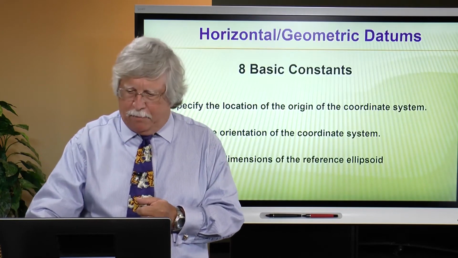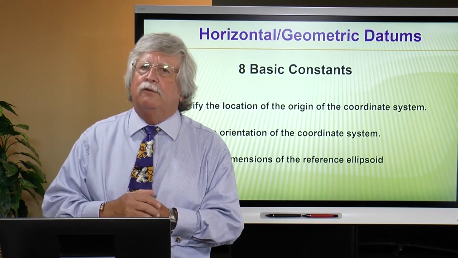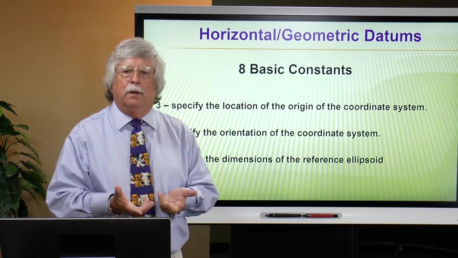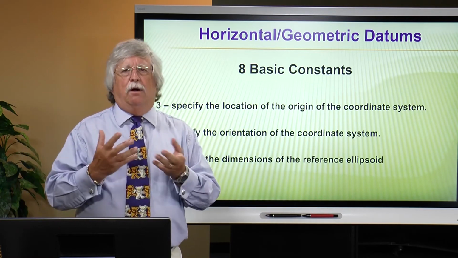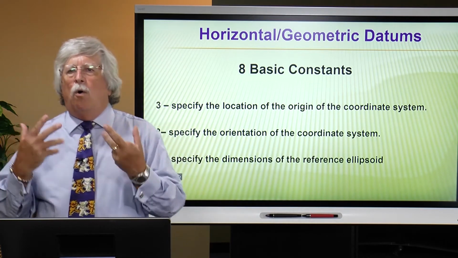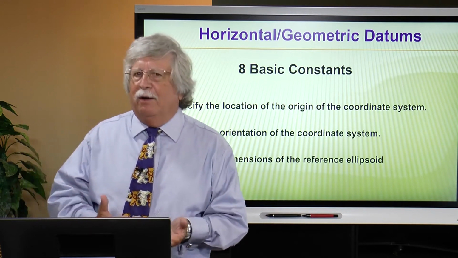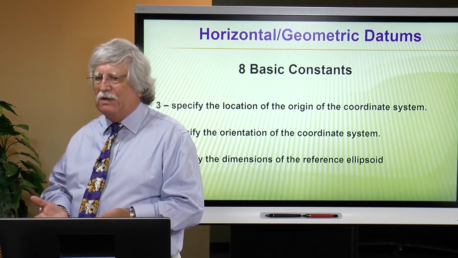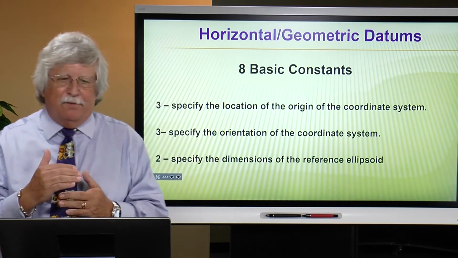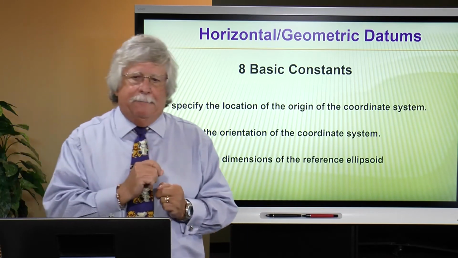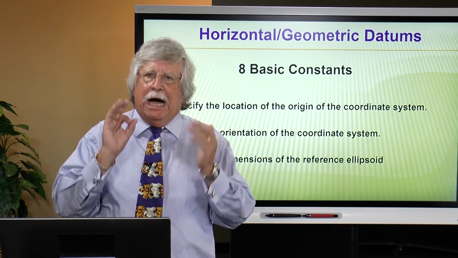So let's talk about a horizontal datum. What is a datum? Well, there are whole academic degrees that are built around horizontal and vertical datums. And we're only going to touch the surface of it here. But basically, there are these 8 constants.